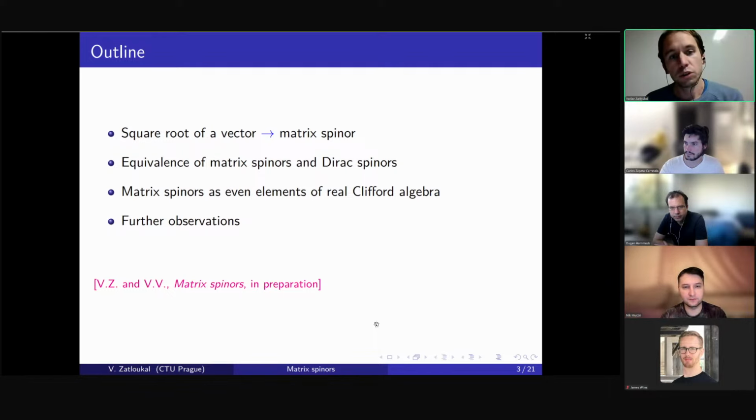Then I will show how the ensuing 2x2 matrix M is equivalent to the Dirac spinors, which is a 4-component complex vector, and then provide some geometric interpretation once we realize that the matrix spinors are nothing but the matrix representation of spinors that are known in the realm of real Clifford or geometric algebras. So let's get on that.